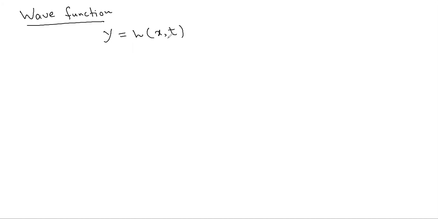Now we have to figure out the formal form of this function. So remember, this is the transverse displacement. Since we are talking about a wave on a string, it's a transverse wave, so we need a function which can describe these crests and these troughs.